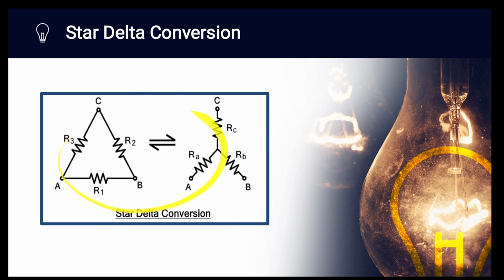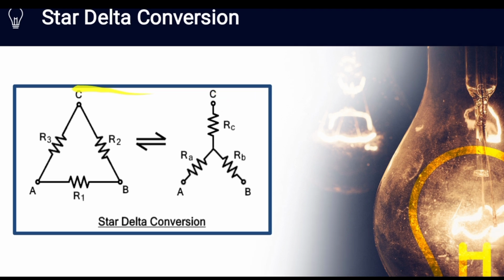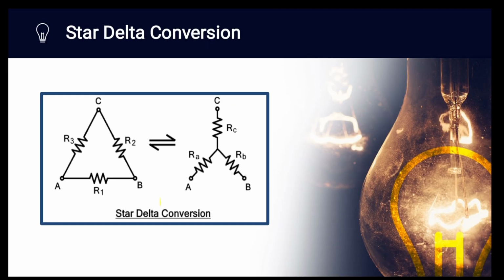Similarly, when transformed, there will be RA between A and the common point, RC between C and the common point, and RB for B. Now by using these values we will find out the value of RA, RB, and RC. If I transpose this to here and this to here, we can convert the values easily. Let us see the derivation of how to convert the star network into the delta network.